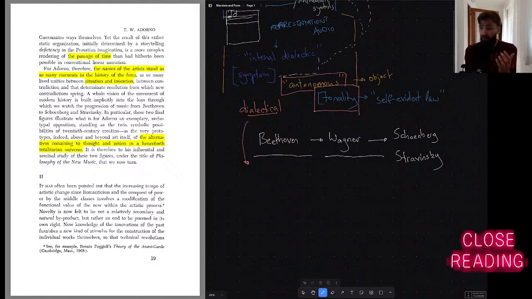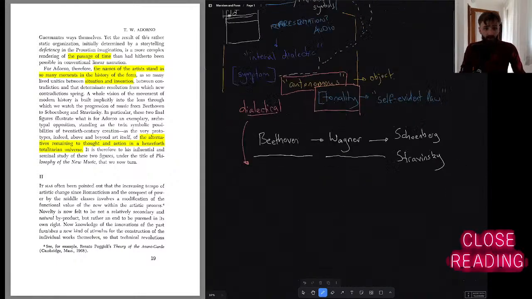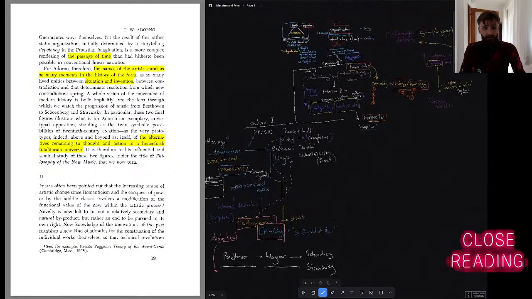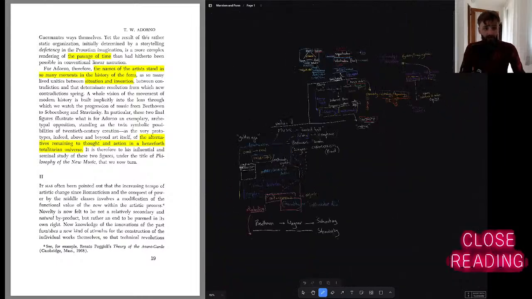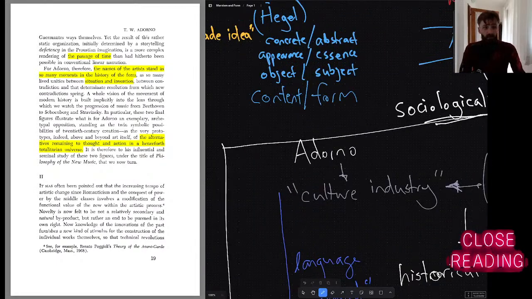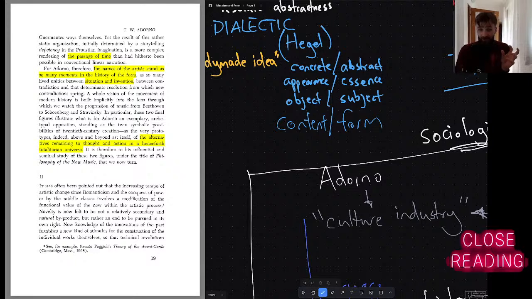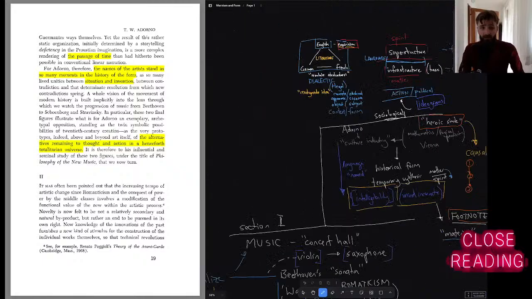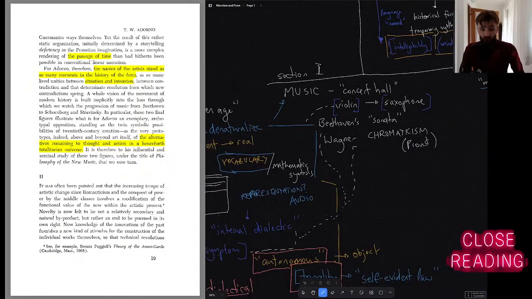The structure of dialectical reality is related to these terms that we have talked about at the very beginning up here. These dialectical tensions between the concrete and the abstract, between appearance and essence, between content and form, and fundamentally between the subject and the object.